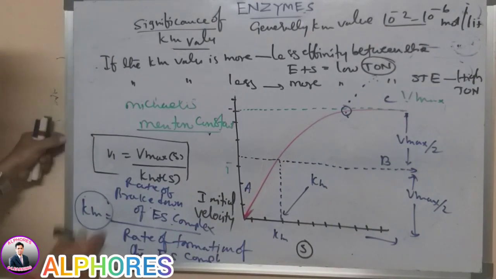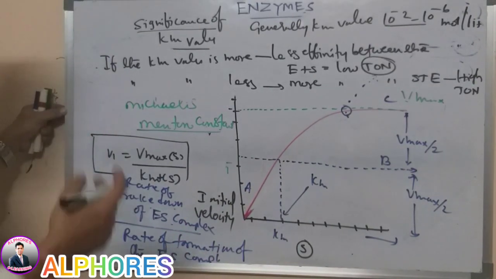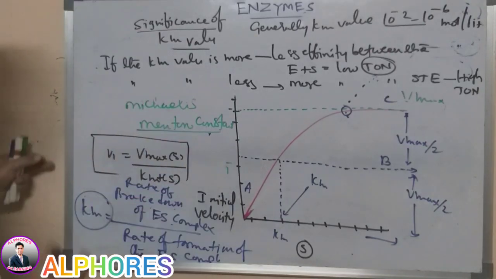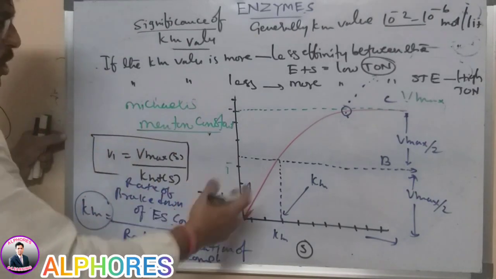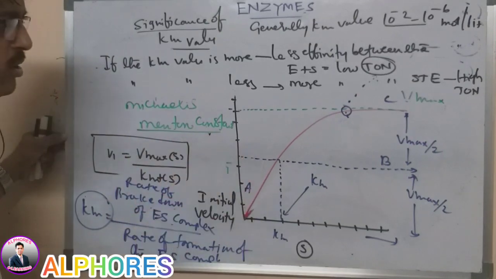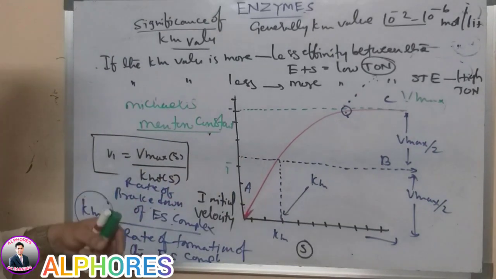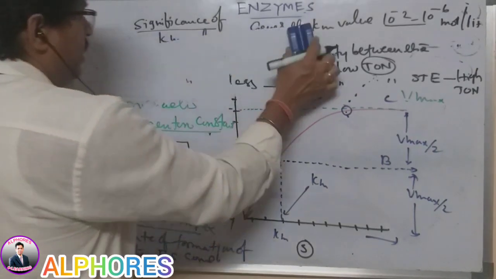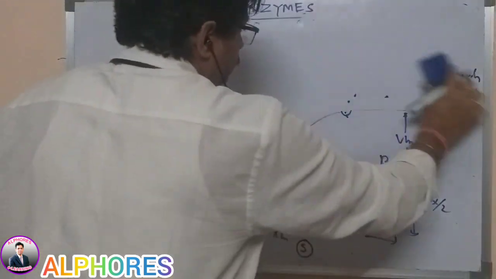Every enzyme has its own Km value, depending upon substrate concentration. So we conclude this session and we'll start the new one, inhibitors.